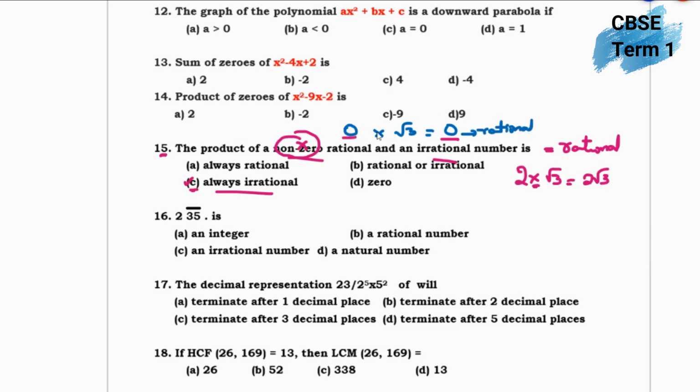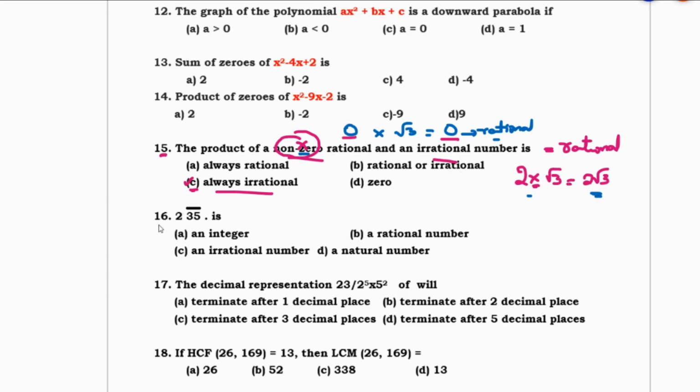So the product of rational and irrational is rational, but the product of non-zero rational and irrational is irrational. Please make a note of this, students. 0 is a rational number. Product of rational and irrational is rational. Product of non-zero rational number and irrational number is irrational.